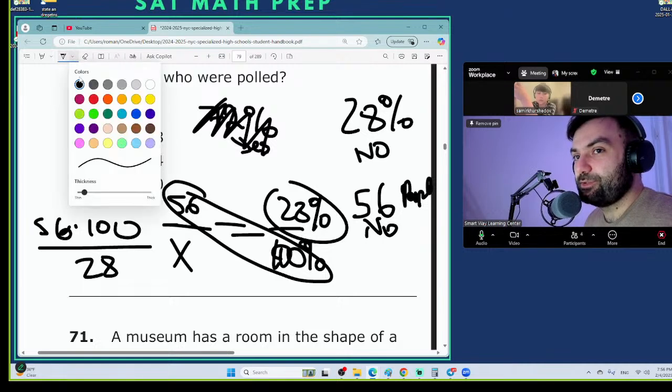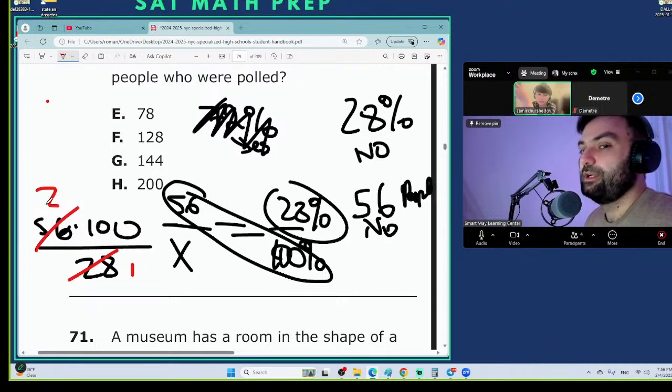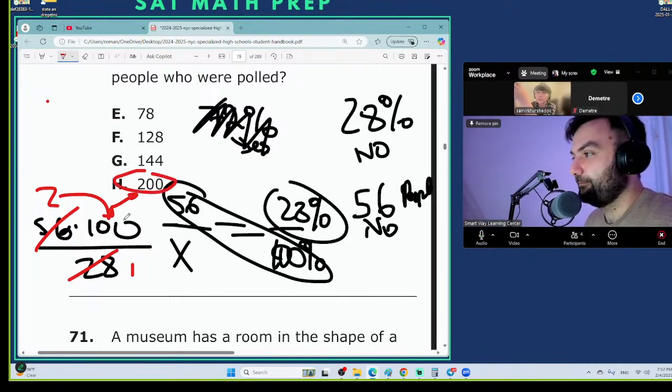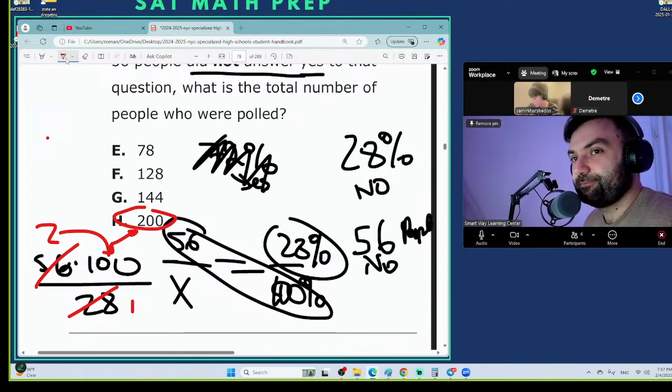And I can reduce. This will become 1, this will become 2. And 2 times 100 is 200. That was simple. Relatively. But for an untrained person, it's not simple.